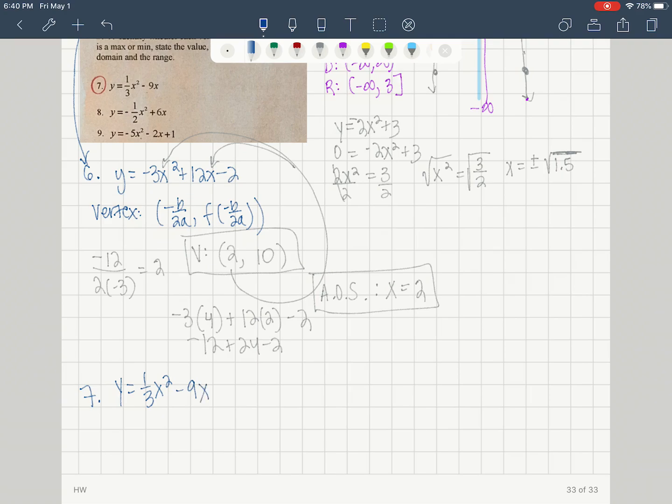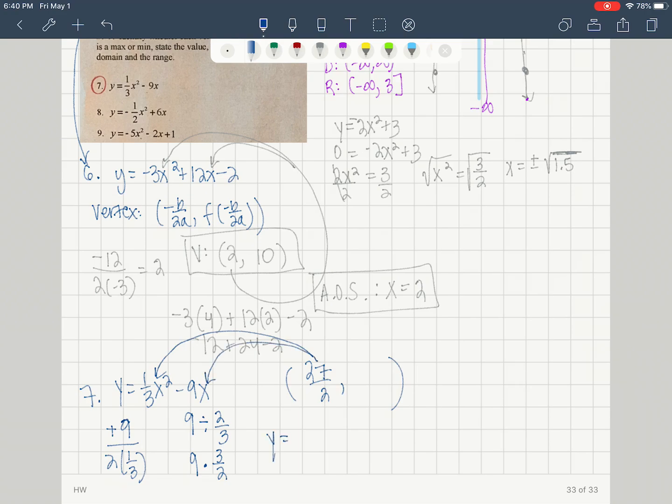So I'm going to have the opposite of b, so the opposite of negative 9 would be positive 9 over 2 times 1/3. So that's going to be 9 divided by 2/3. 9 divided by 2/3 is the same thing as 9 times 3/2. So the first value is 27 over 2.